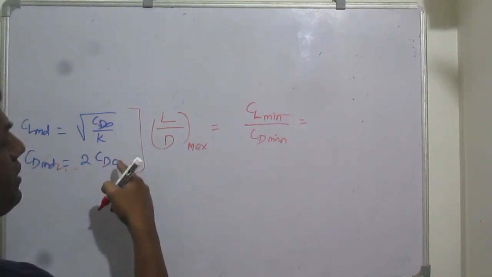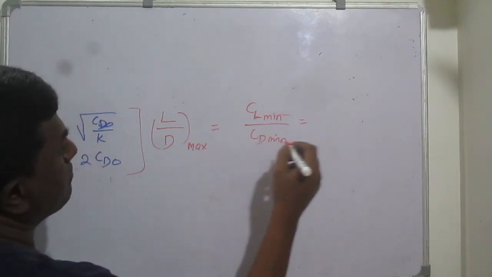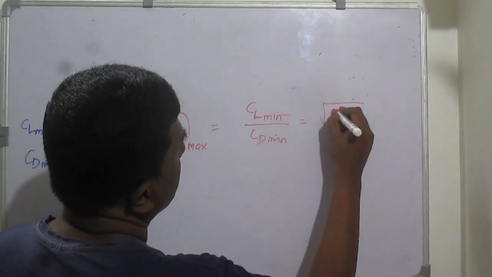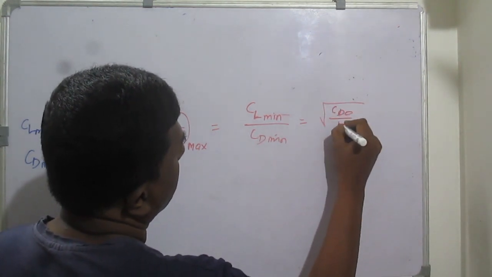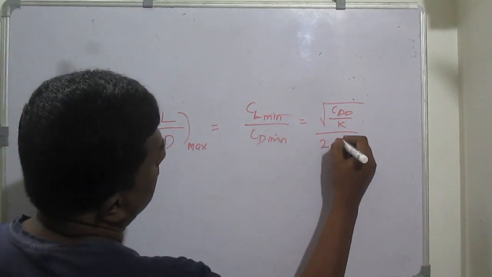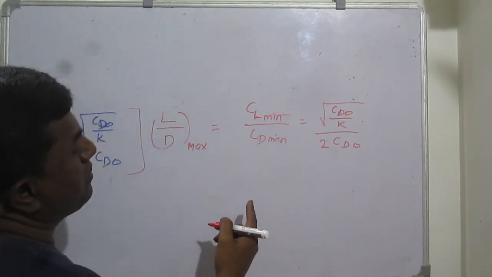We can just apply these values. So CL at minimum drag is the square root of CD naught by K, divided by twice CD naught. This can be further simplified.